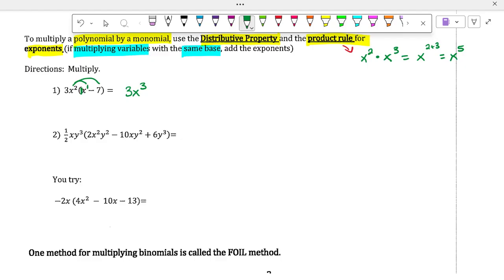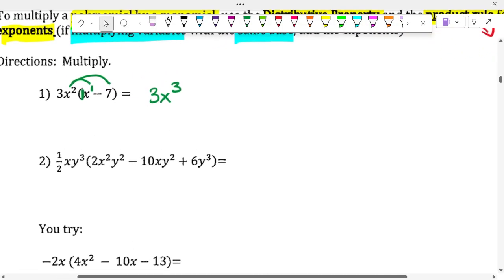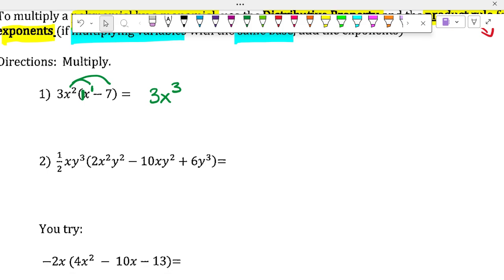So you just add 2 and 1, you get 3. What would my next term be, Nathan? Negative 21x squared. Good. You just do 3 times the negative 7, slap on the x squared at the end. Any questions on that one?